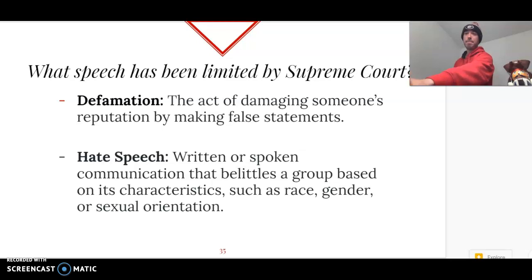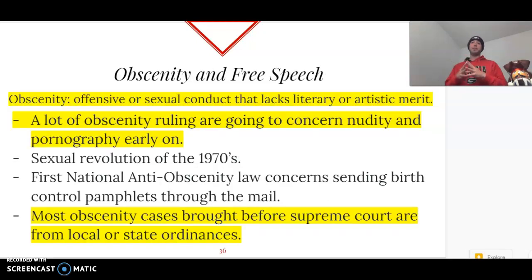All right. Okay. Obscenity. This is weird stuff right here. It is offensive or sexual conduct that lacks literary or artistic merit. And what you need to know is that a lot of obscenity rulings are going to concern things like nudity and pornography early on. And we get a lot of these cases in the 1970s as we're going through the sexual revolution and all of this jazz.